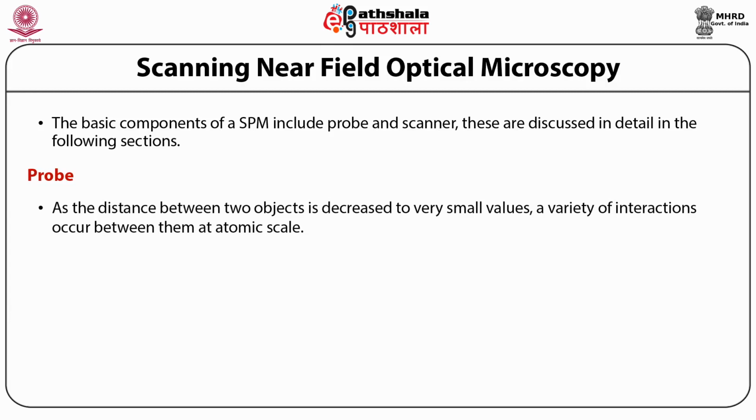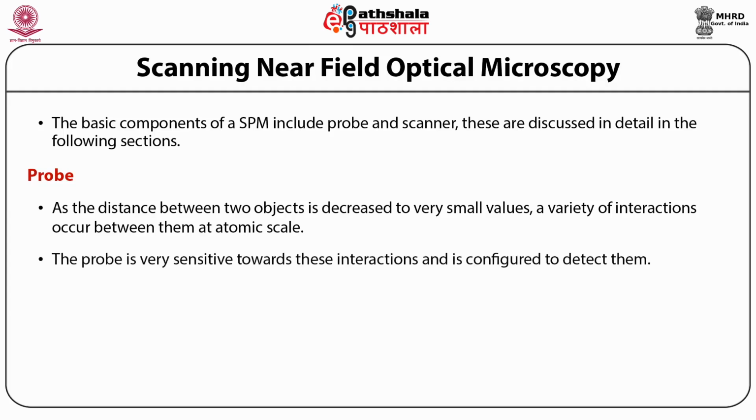As the distance between two objects is decreased to very small values, a variety of interactions occur between them at the atomic scale. These interactions form the basis of scanning probe microscopy. The probe is very sensitive towards these interactions and it is configured to detect them.